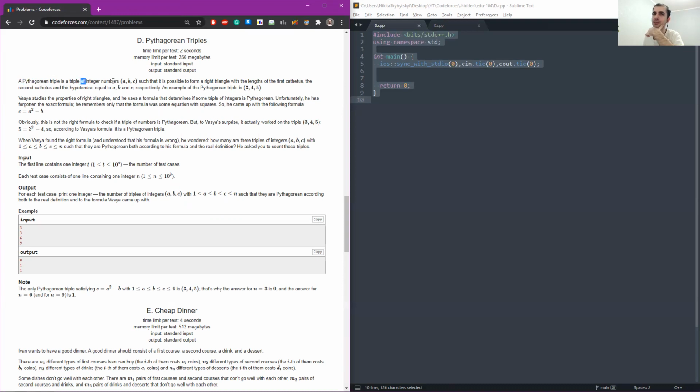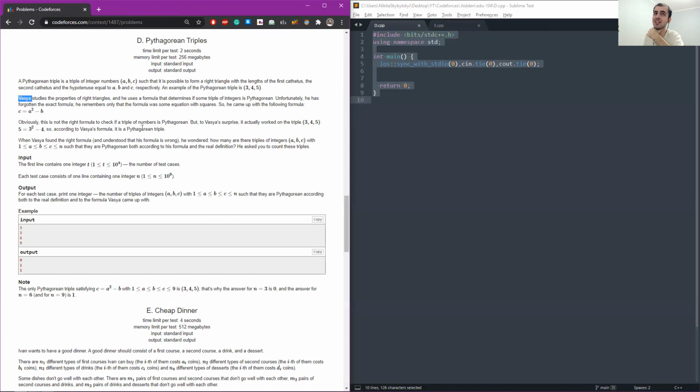A Pythagorean triple is a triple of integer numbers a, b, c such that it's possible to form a right triangle with the length of the first cathetus, the second cathetus, and the hypotenuse equal to a, b, and c respectively. An example of a Pythagorean triple is 3, 4, 5. Yeah, we all know. Another example is 5, 12, 13.